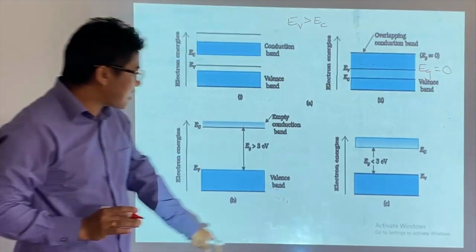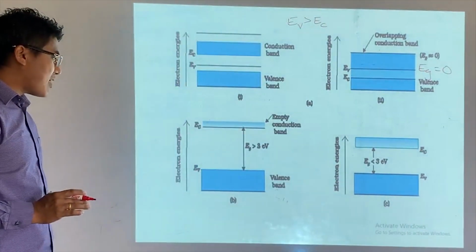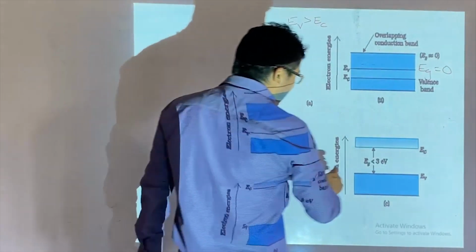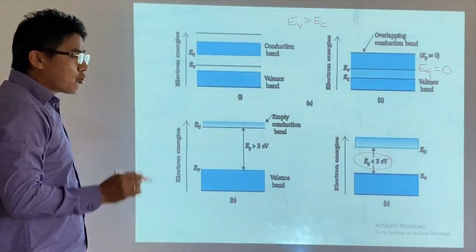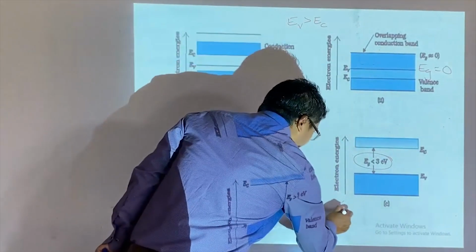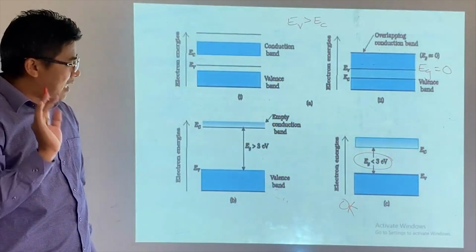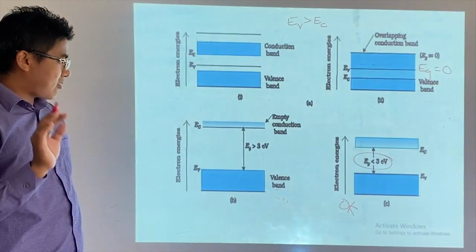In case of semiconductors, the energy gap is less than 3 electron volts. At 0 Kelvin, the number of electrons in the conduction band is always 0.